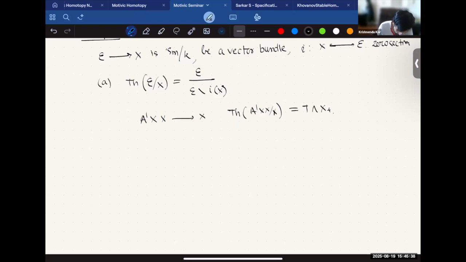There's another property that it respects this analogous version of the product structure of vector bundles that we encounter in Thom spaces.